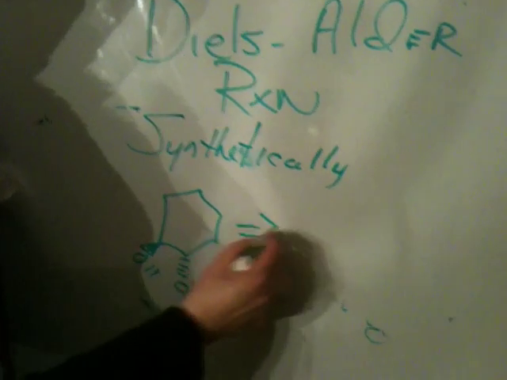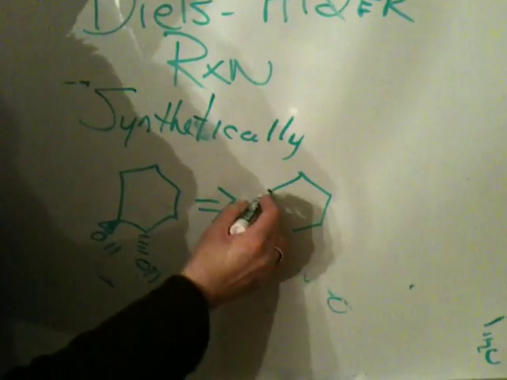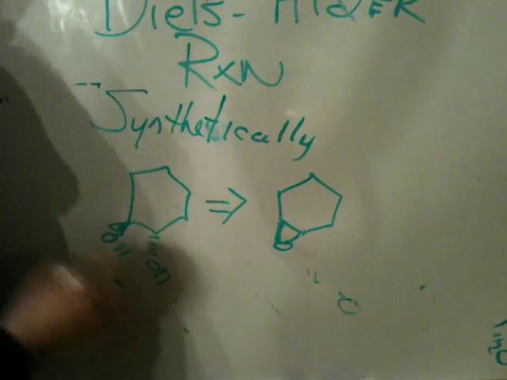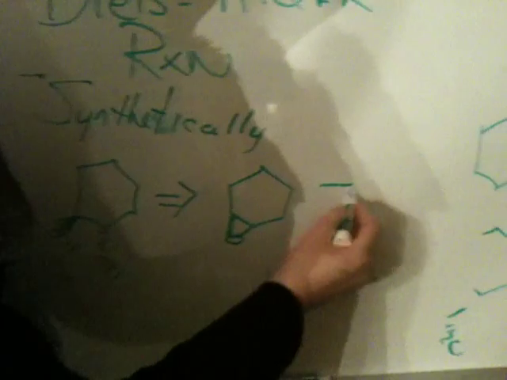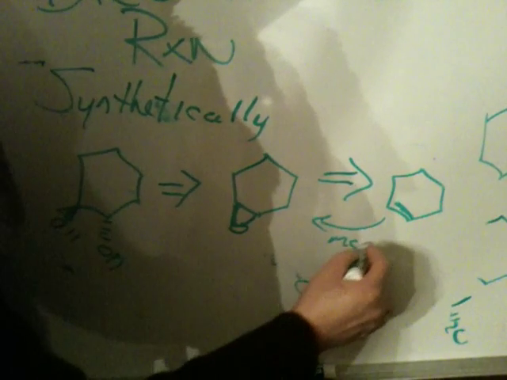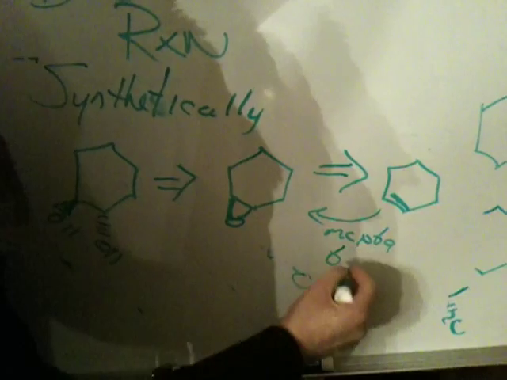It has to be made, that's a retro arrow, through an epoxide. The reason is this is an anti-alcohol. And then the epoxide could be made directly from the alkene using metachloroperbenzoic acid and benzene.